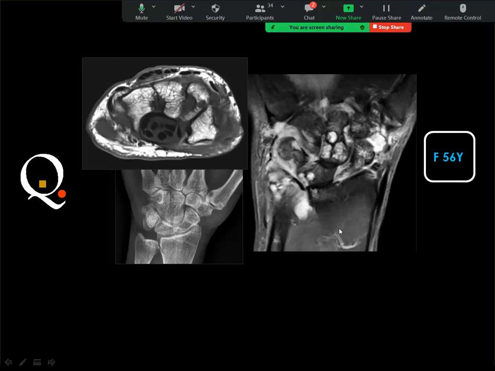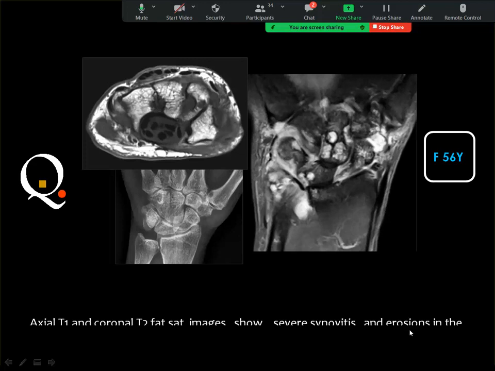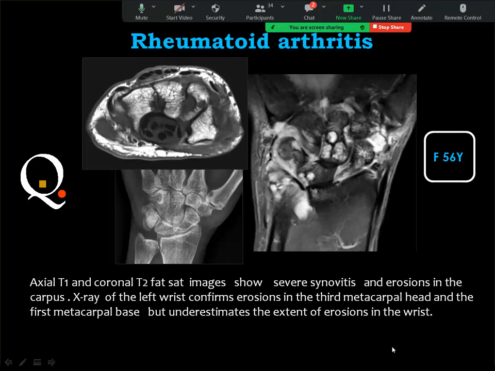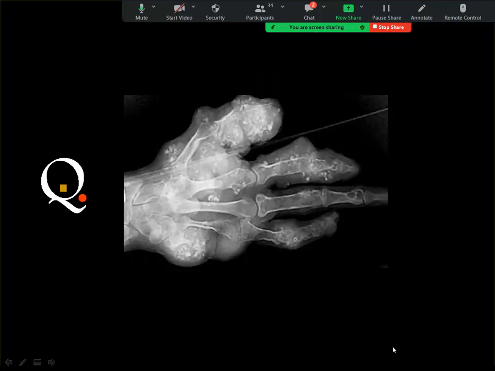And at this point, the rheumatologist usually insists on MRI to see the erosions at an earlier stage so that they are able to treat the patient and prevent complications. Next case is an X-ray of the hand.